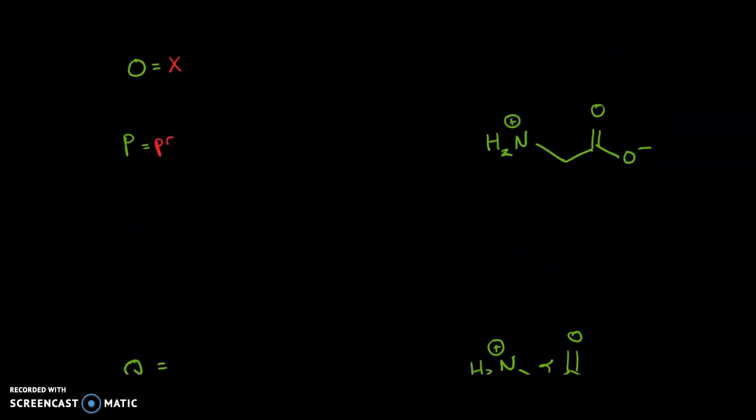P is for proline, not to be confused with phenylalanine because that one starts with F in its abbreviation. And proline is a wacky one because instead of having just a side chain floating around, it actually links itself back up to this amino group into a 5-member ring.